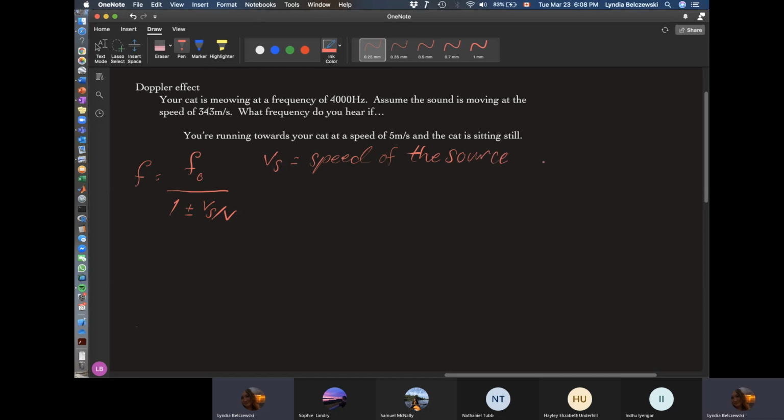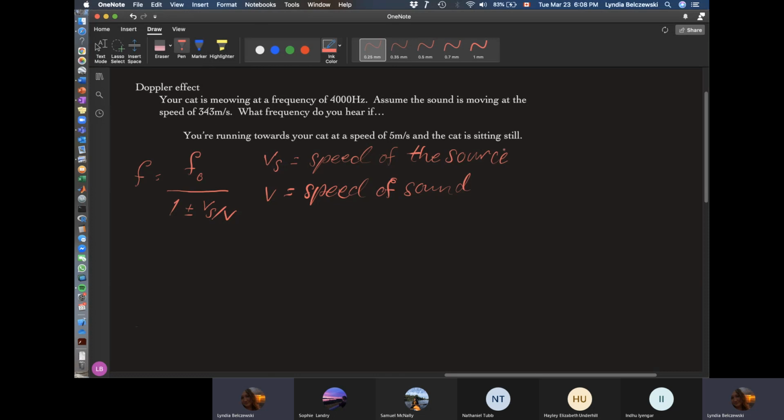It's the speed of the source, what's making the sound relative to you. And the just V is the speed of sound in the current medium. And so this is the formula we'll use.